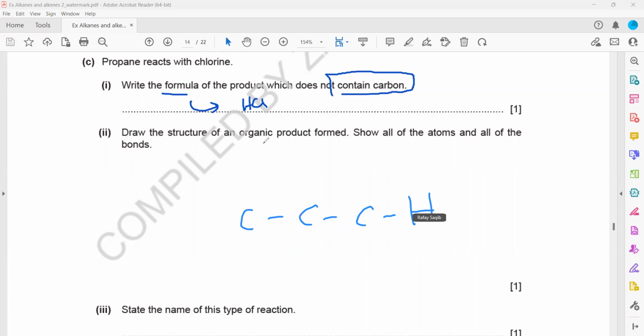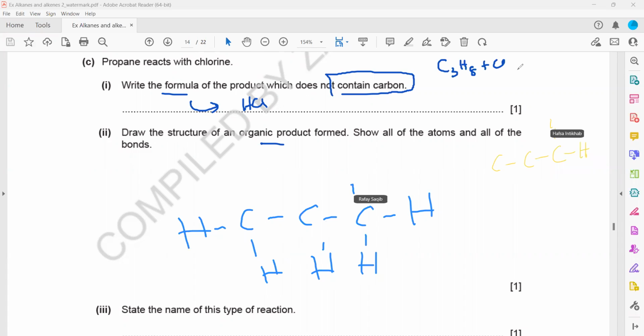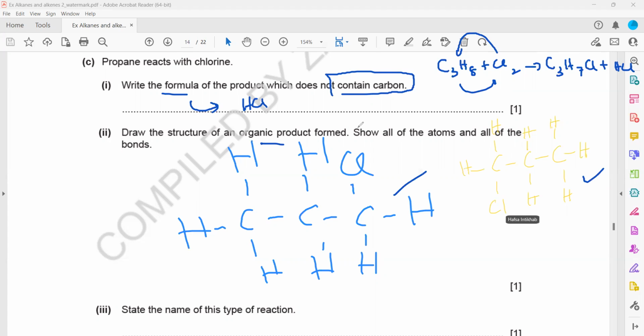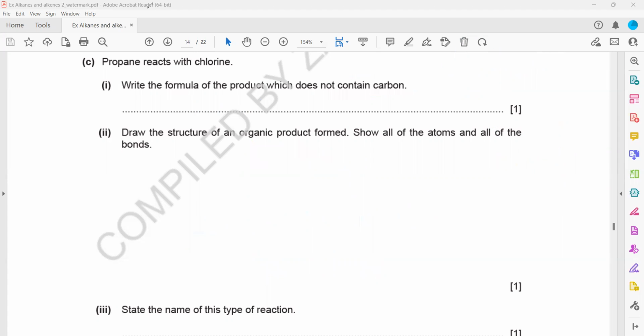Then draw the structure of the organic product. Propane, C3H8, reacts with chlorine in a substitution reaction: 1 chlorine enters, 1 hydrogen leaves. This will be 1-chloropropane, plus HCl. You can even draw 2-chloro, maybe the second hydrogen is replaced, but it is fine.